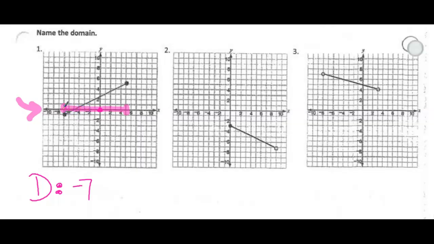Then I'm going to skip a space and put in X, because domain is X. Now I see how far right this goes. I start again at 0, 1, 2, 3, 4, 5. I'm going to put a 5 here. Make sure you know why I went from -7 along the x-axis all the way to +5. I hope you all see where I got those two numbers from.